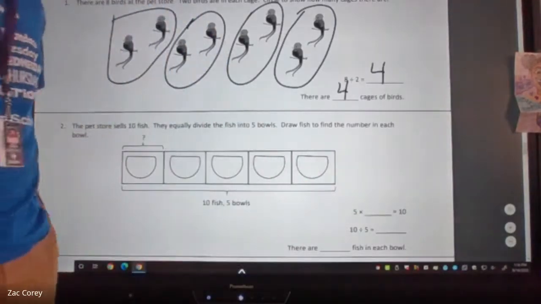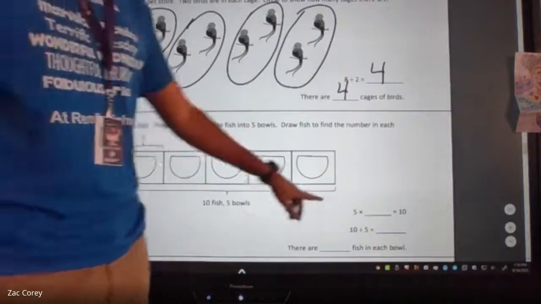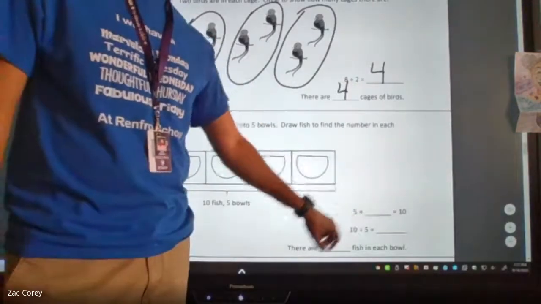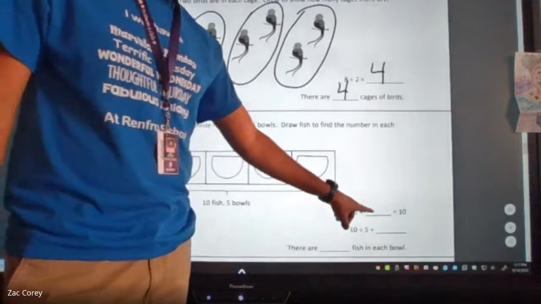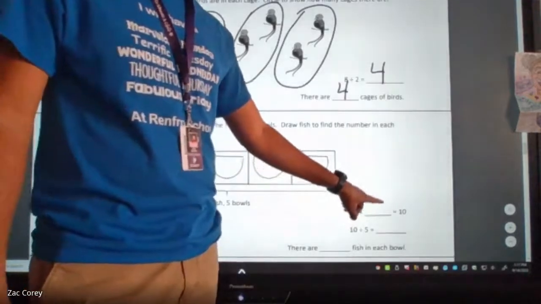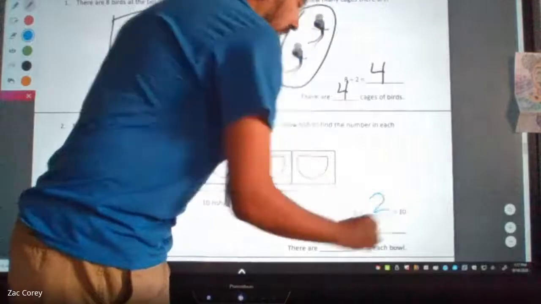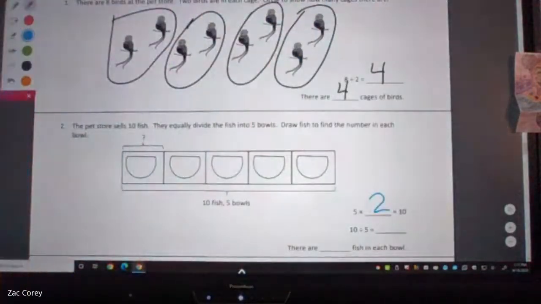And we can use multiplication to help us solve that. All right, so 5 times blank equals 10. Well, we know 5 times 1 equals 5, so that can't be right. 5 times 2 equals, well, 5 plus 5 equals 10. So 5 times 2 equals 10. So that tells us that there needs to be 2 fish in each bowl. All right. So I'm going to draw, I guess, orange fish.